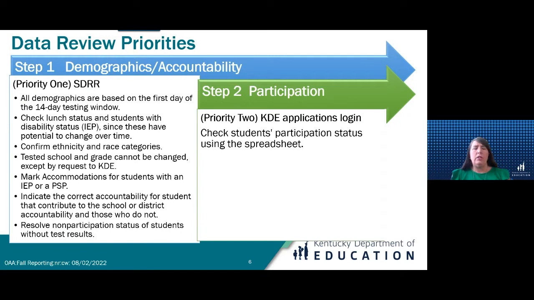You also want to check your accommodations. Make sure that for your IEP and PSP students you have checked if they had accommodations during any of our state required testing for ACCESS, Alternate ACCESS, KSA, and Alternate KSA.